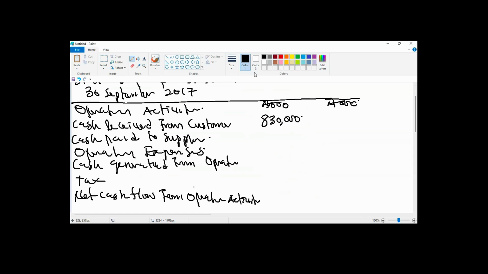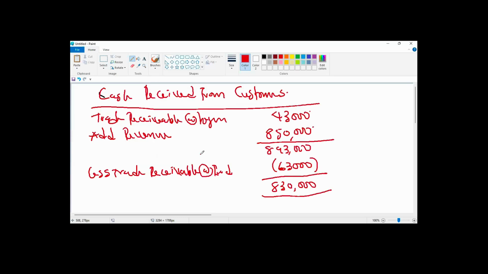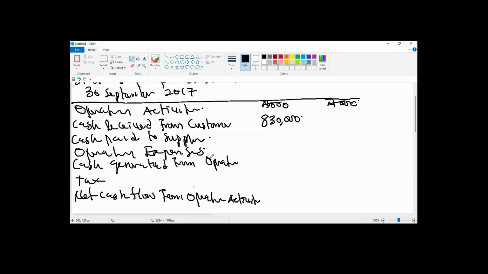Cash paid to suppliers. 830, sir, not 830,000? You have already rounded it off in thousands, so this one should not be there. It should be 830.